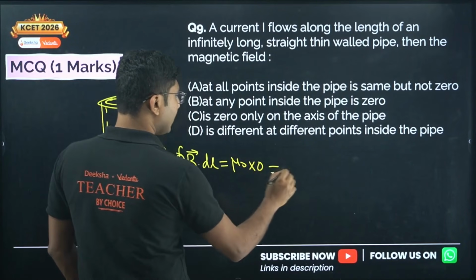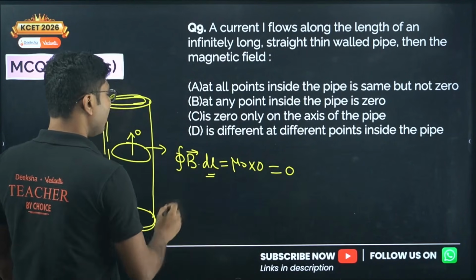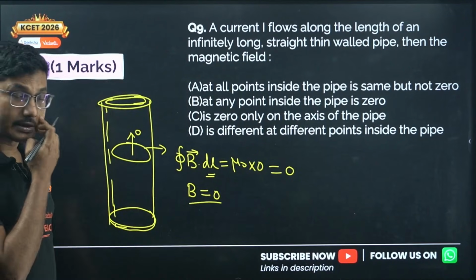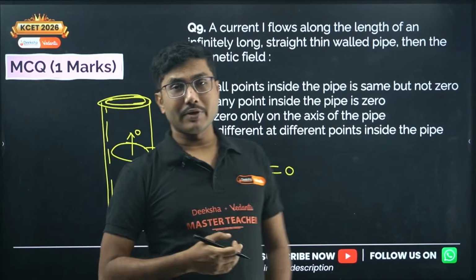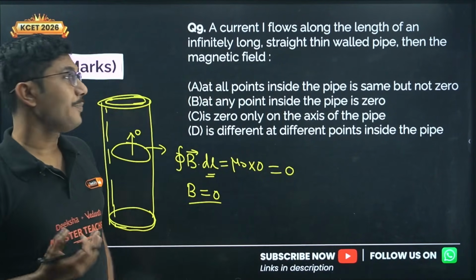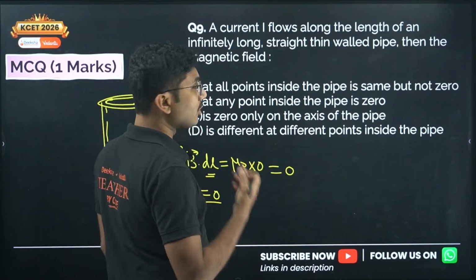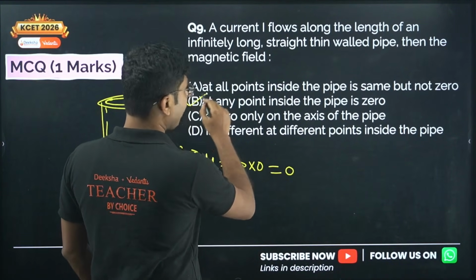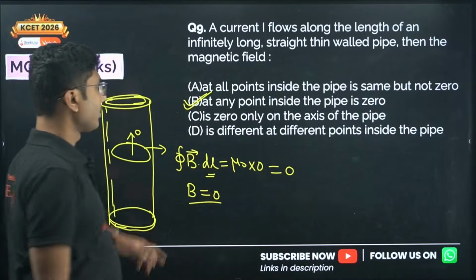So B dot dl will be 0 and dl cannot be 0, so the only thing is B should be 0. So magnetic field inside a thin walled pipe or shell will be 0 because of Ampere's circuital law. So at any point inside the pipe it is 0.